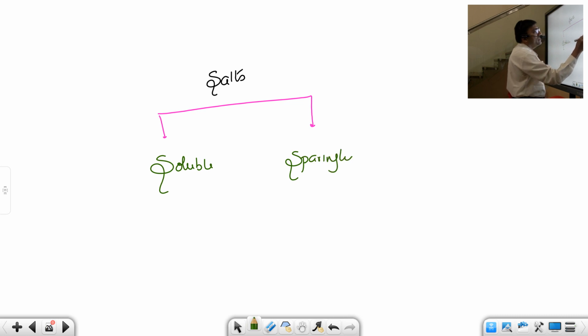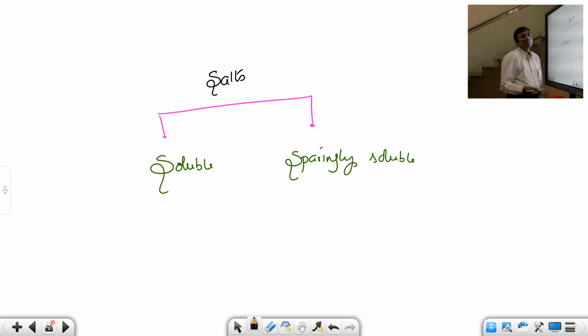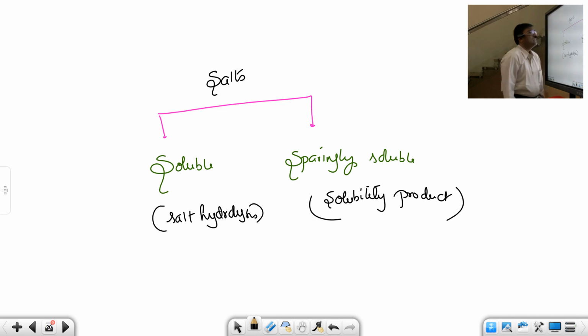The concept of Ksp, solubility product, is applied for sparingly soluble salts. For soluble salts, we do salt hydrolysis. Very, very important. For sparingly soluble salts, we use the solubility product principle. You should be very clear about these two types of salts.